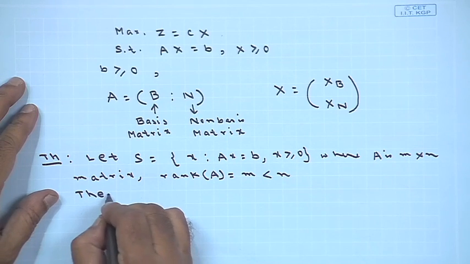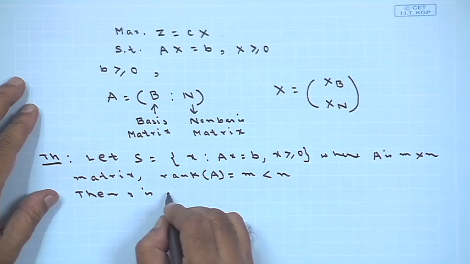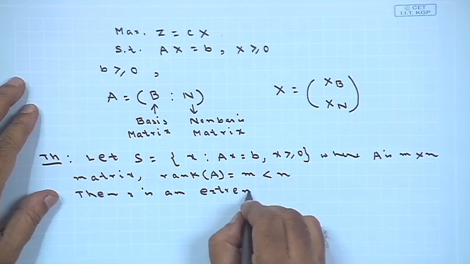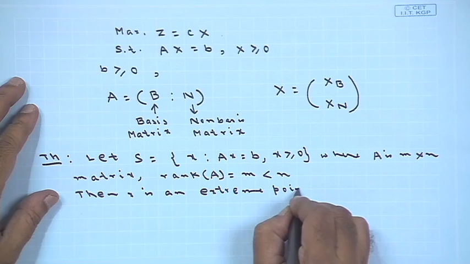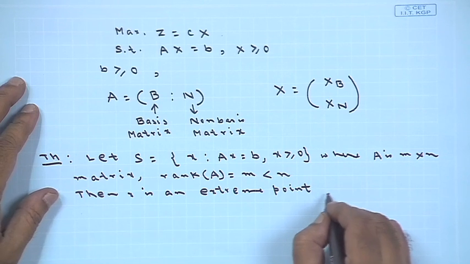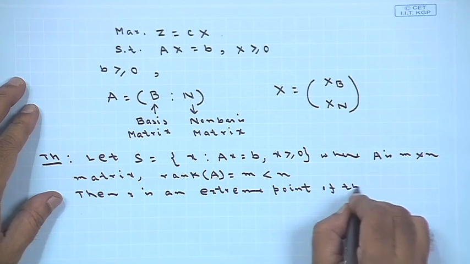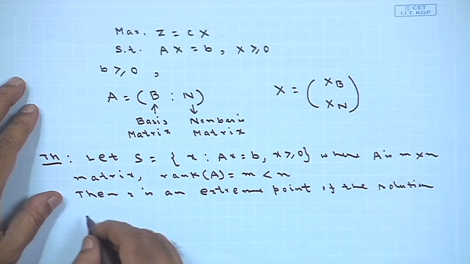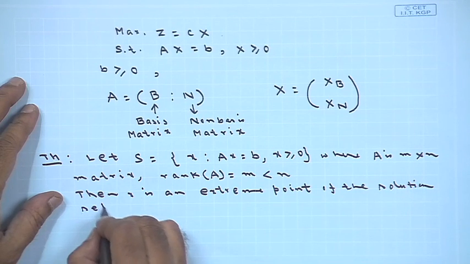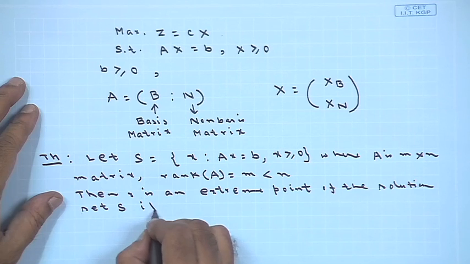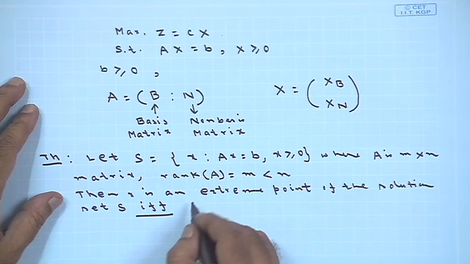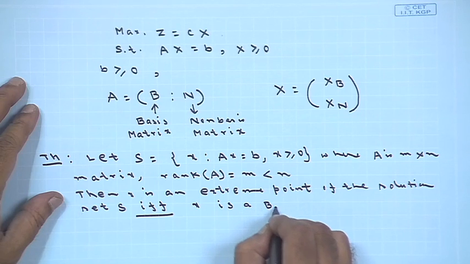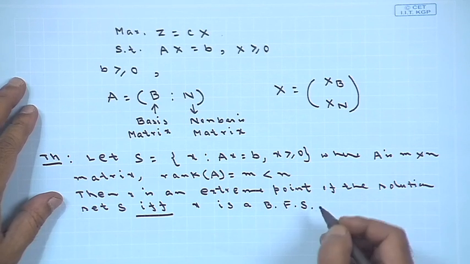Then x is an extreme point of the solution set, which we can denote by S, if and only if x is a basic feasible solution. Already we know what an extreme point is.